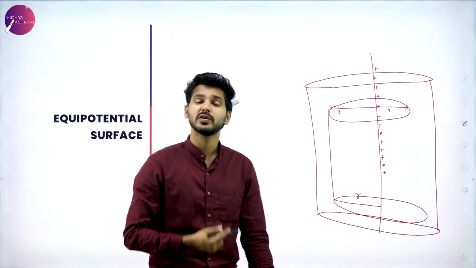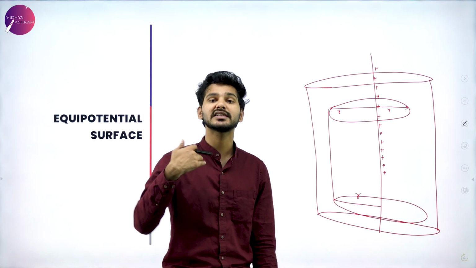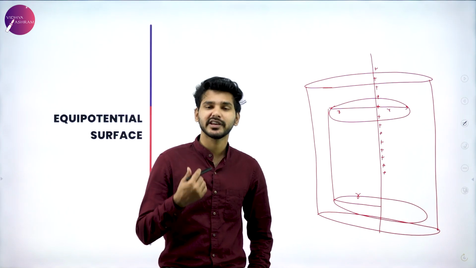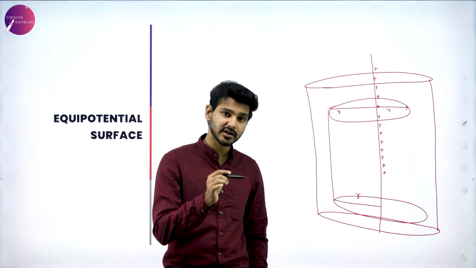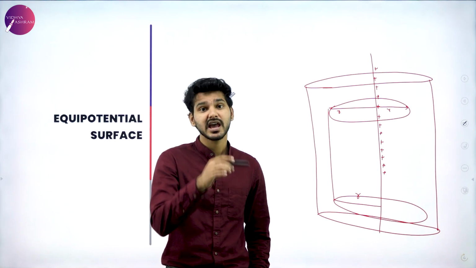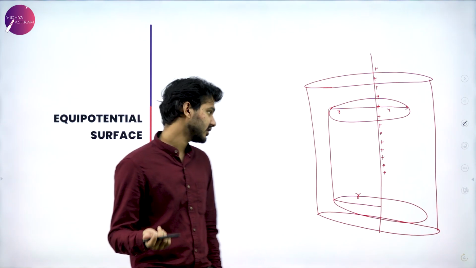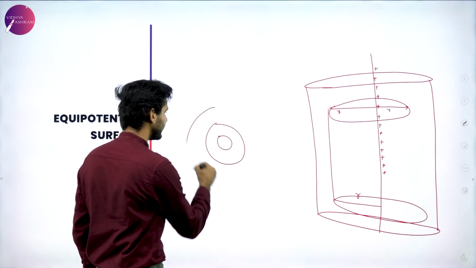Don't worry about this. We'll be discussing in detail what equipotential surfaces are, what their properties are, and how we can introduce them. So we can say that for a point charge, the equipotential surfaces will be concentric spheres centered where the charge is, repeating one another. That is, one will be like this, one will be like this, one will be like this.